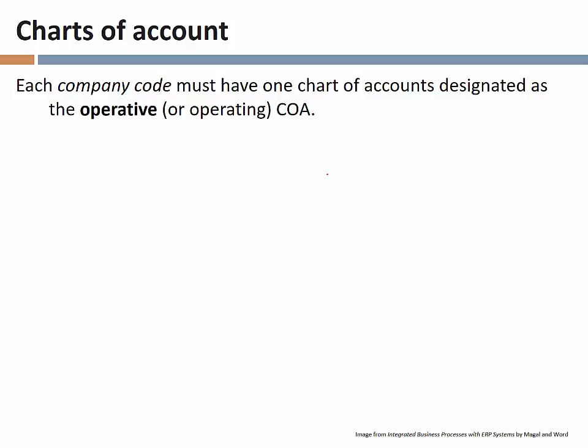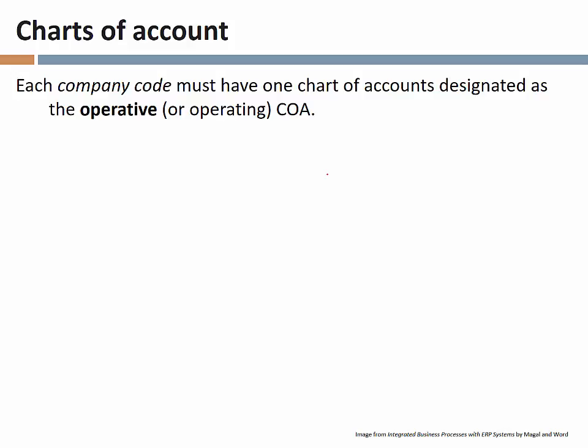Now, this represents their primary or default chart of accounts. But the official term, and the one that you should be prepared to use, is our operative chart of accounts. And we have to have one of those.